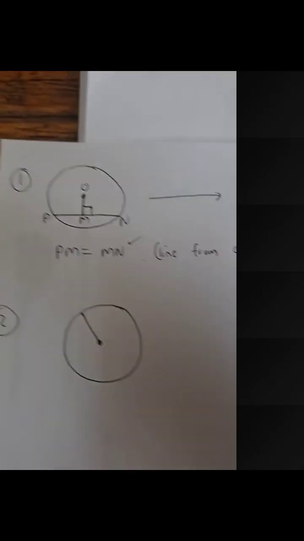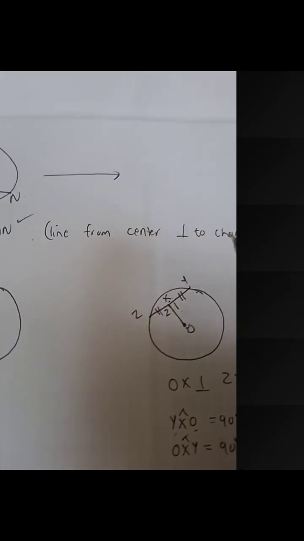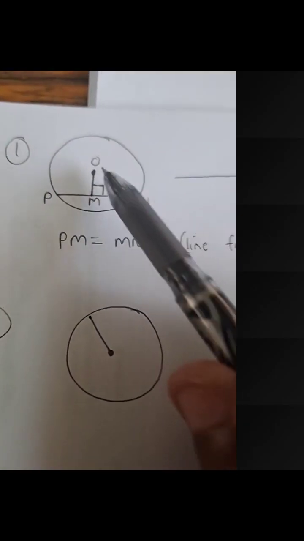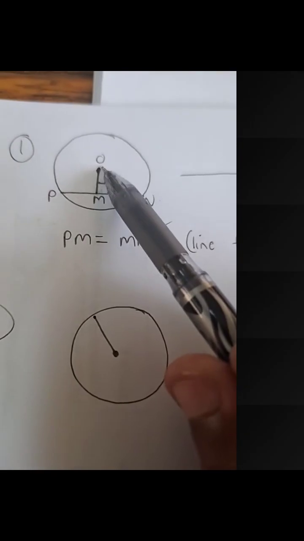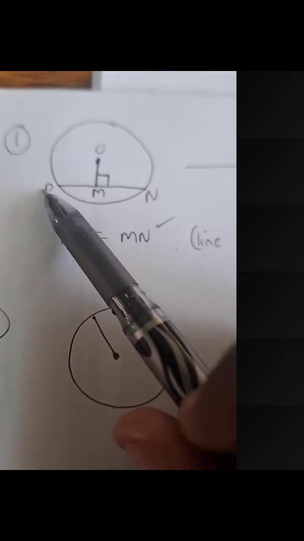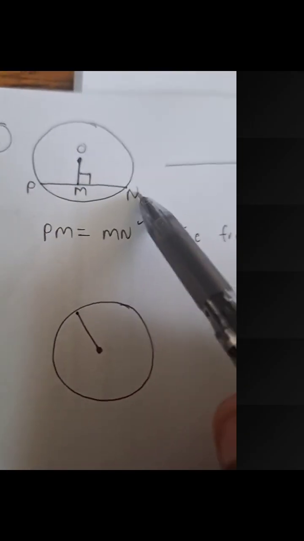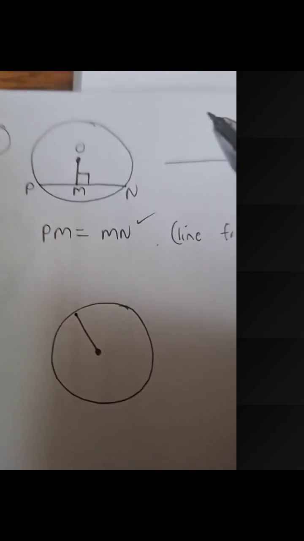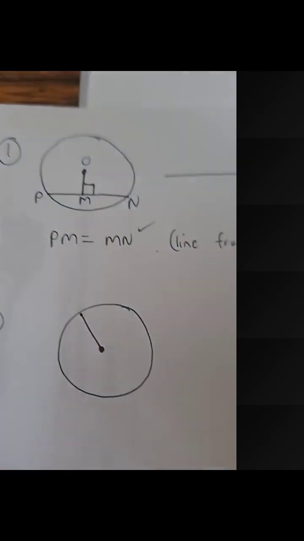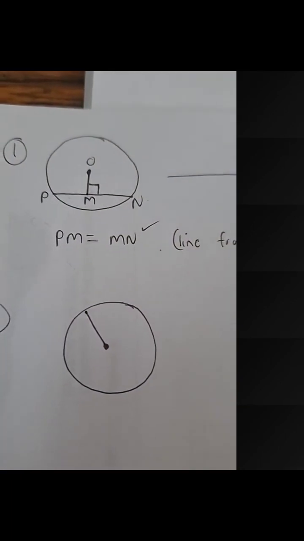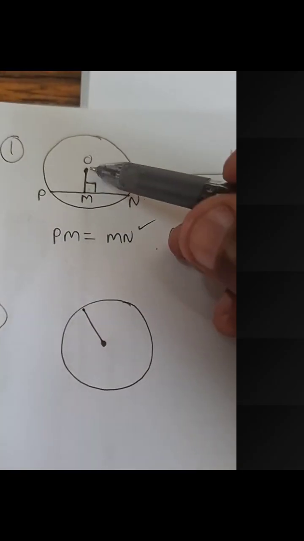So guys, this is me trying to say to you that these first two theorems are very important. Okay, so the first one, like I said, a line from the center perpendicular to the chord bisects the chord. And so I unpacked for you what it means when we are saying a line from the center.